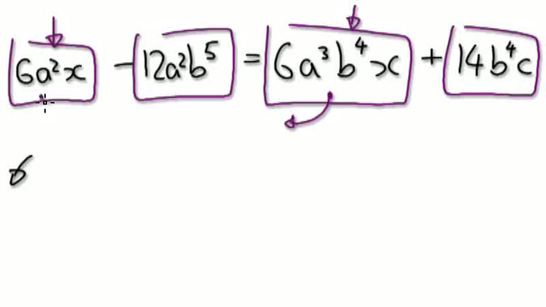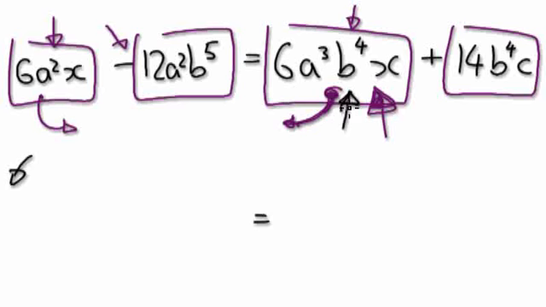Okay, you could move this across, but then you're going to end up with minus here. So let's move this across. So inside your mind, take away this block here. Okay, we are taking away this block here. So inside your mind, take away 6a to the power 3 b to the power 4 x.